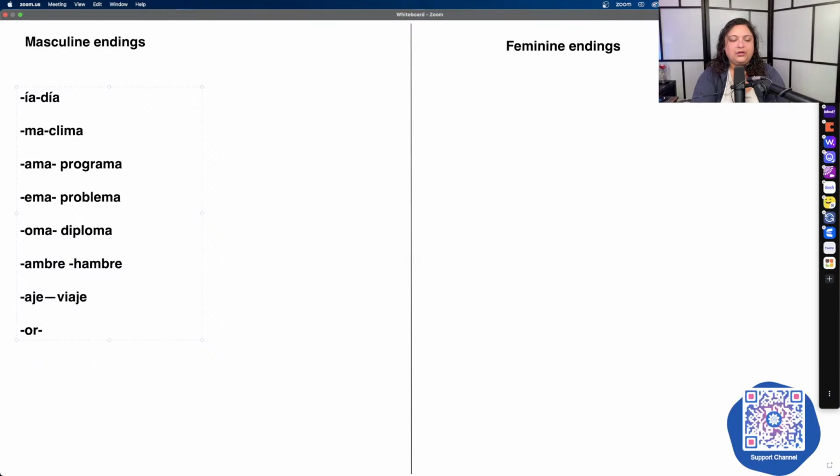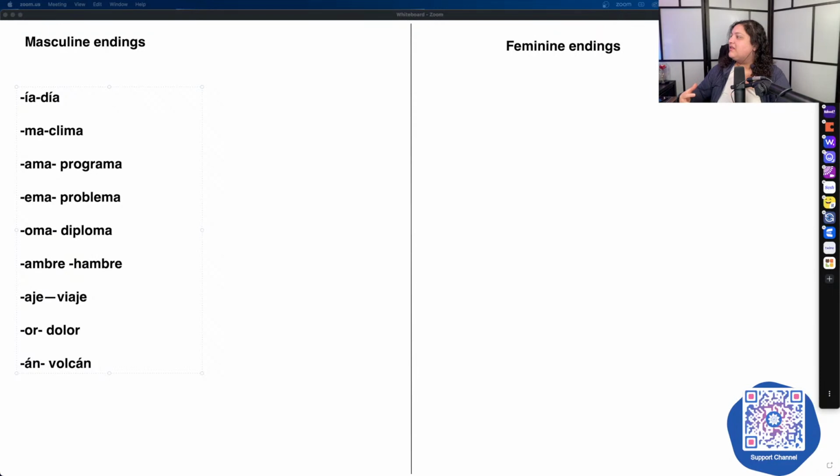For an example, dolor, which means pain. Or an accented AN. For an example, volcán. These are all endings that are going to be part of masculine nouns.